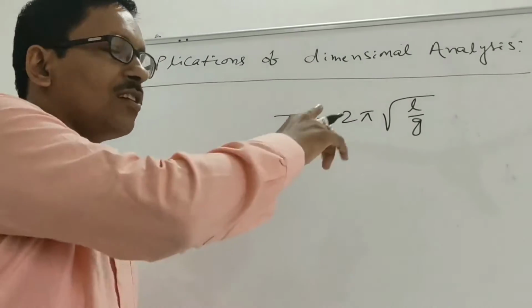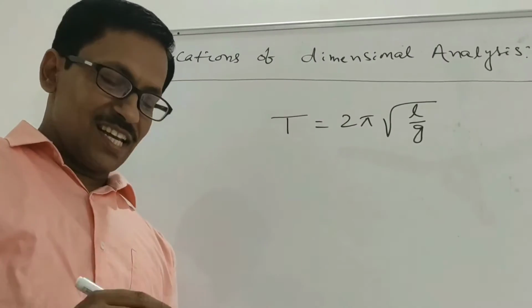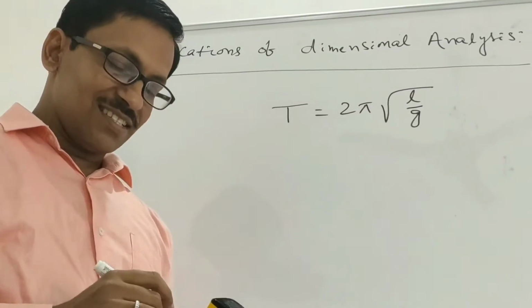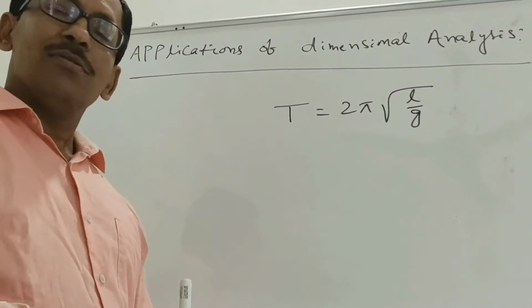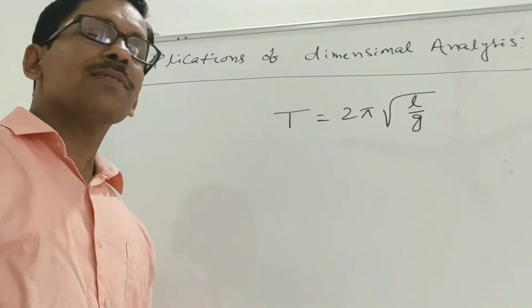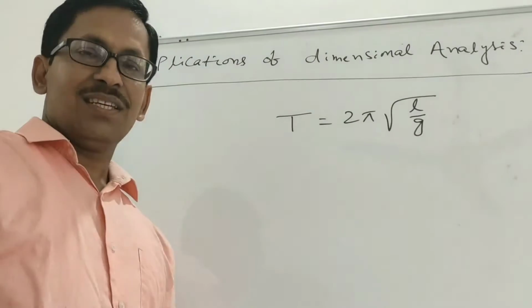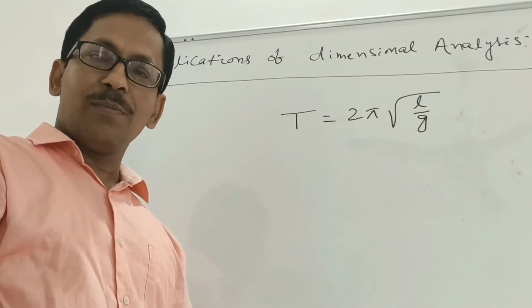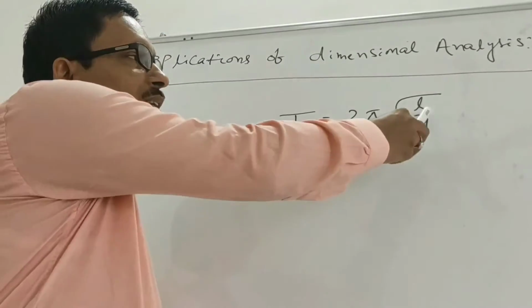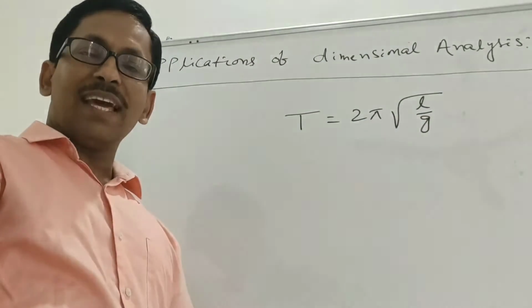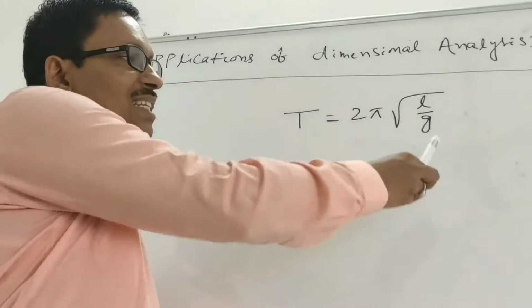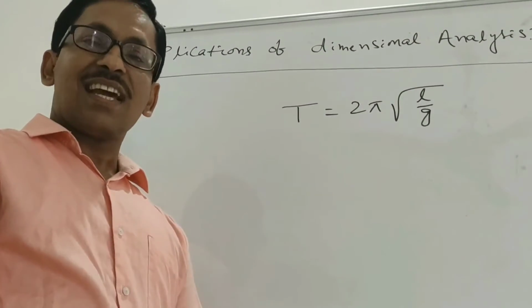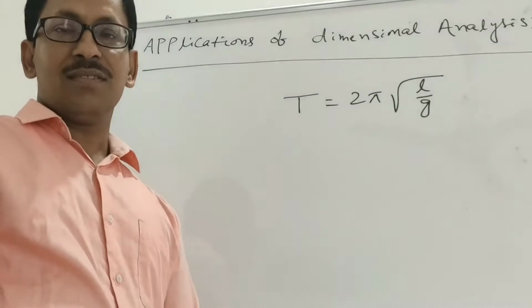Now let us check the dimensional correctness of this relation. T is equal to 2 pi square root of L by G. Here T represents the time period of a simple pendulum, L represents the effective length of a simple pendulum, and G represents acceleration due to gravity.